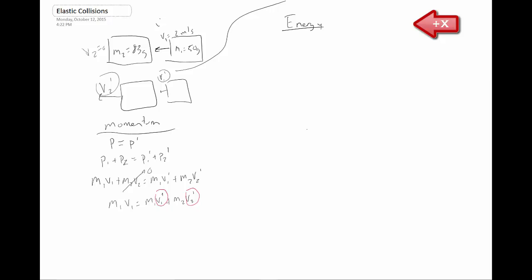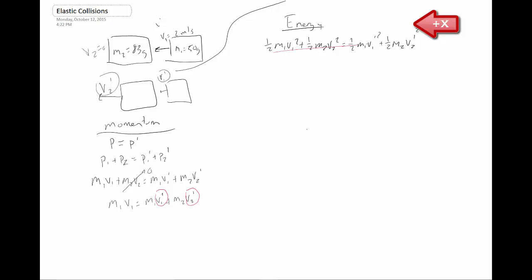Okay, so for the energy equation, we get something that looks like 1/2 m1 v1 squared plus 1/2 m2 v2 squared is equal to 1/2 m1 v1 prime squared plus 1/2 m2 v2 prime squared. While this is absolutely true, this equation is a bear to work with because of all these squareds.